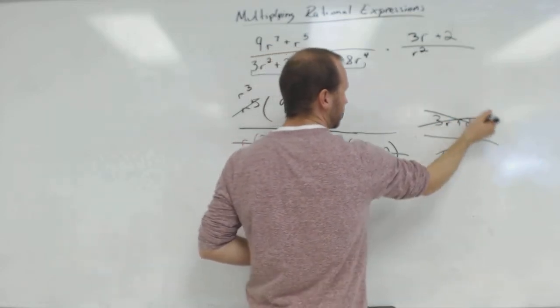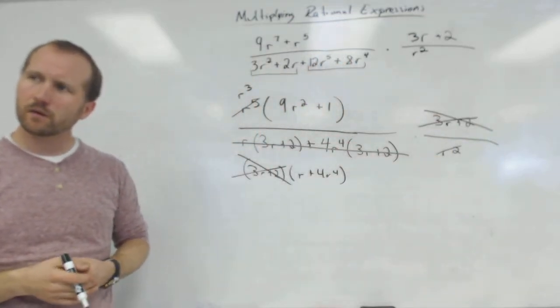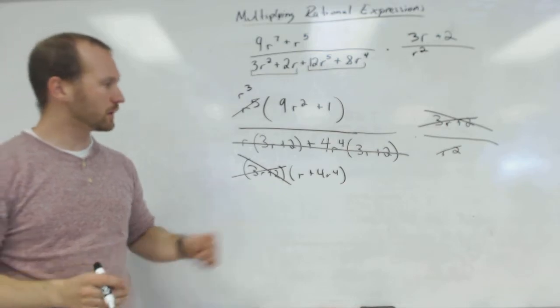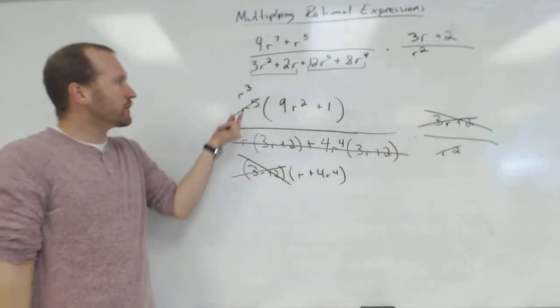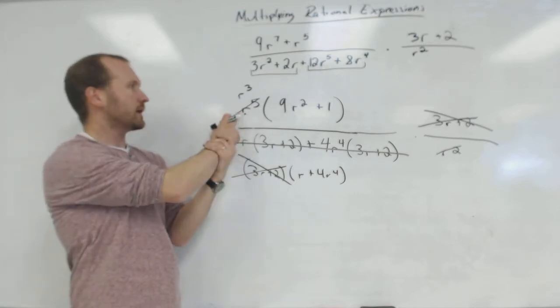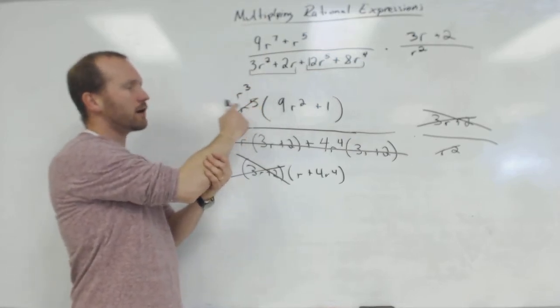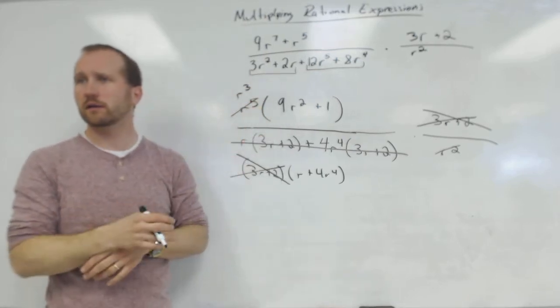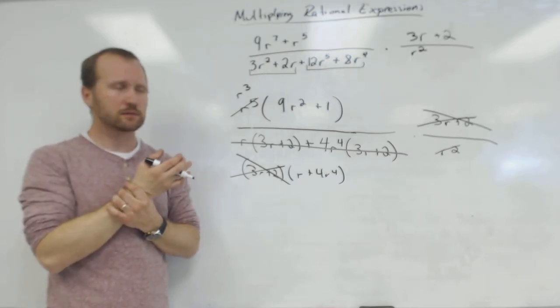This whole thing together makes one factor, so down here it would have to be 3r plus 2. I'm looking for that factor all together. The reason I can cancel r's from here is there's no plus anything attached to this. This is a factor in itself. It's not r to the 5th plus 1. So I can cancel r's. Does that make sense? Okay.